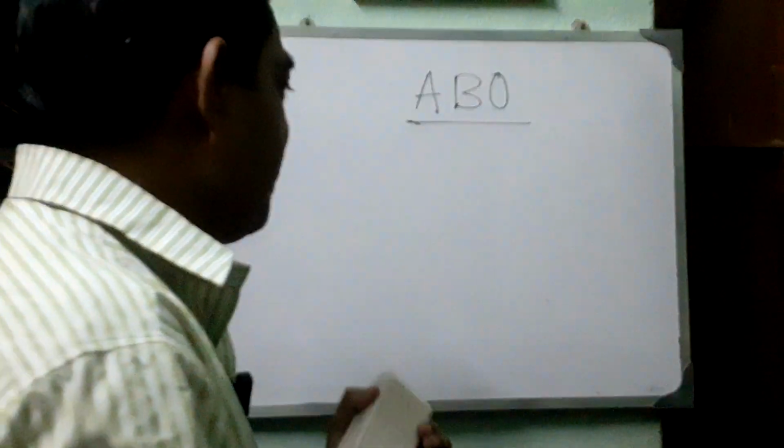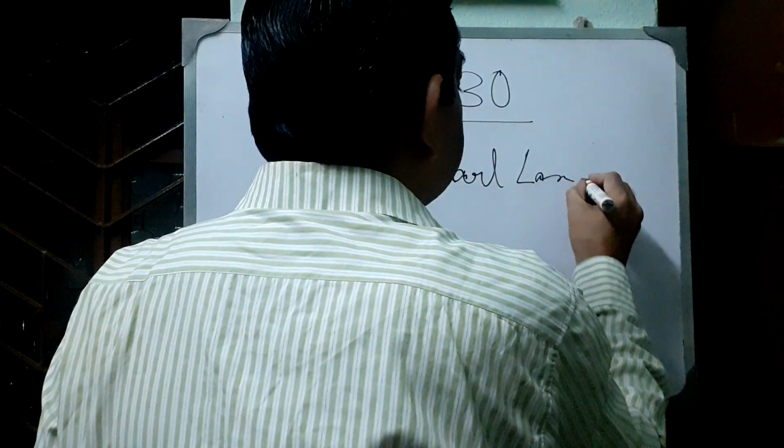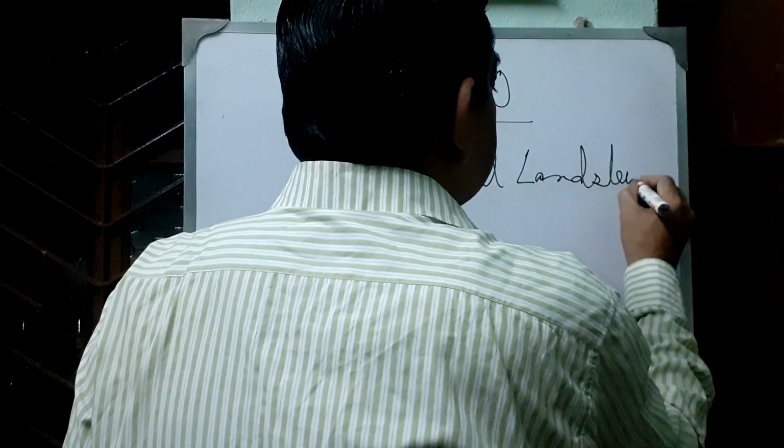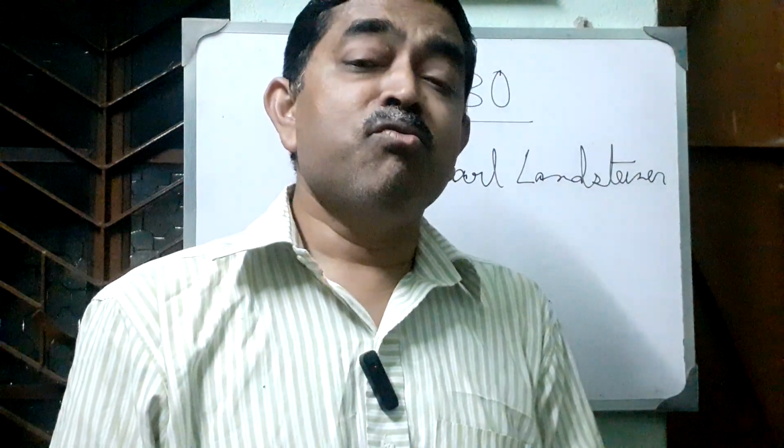Carl Landsteiner in 1900 classified the human blood into four groups.